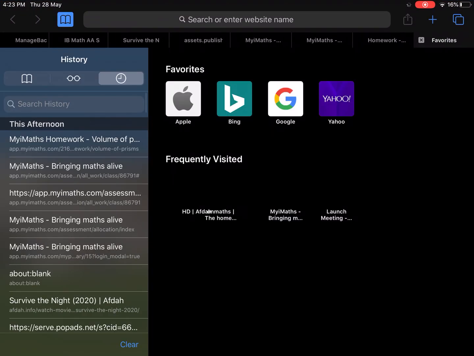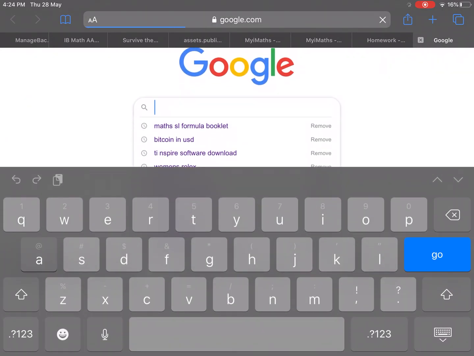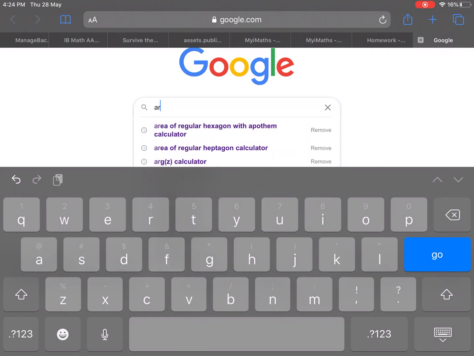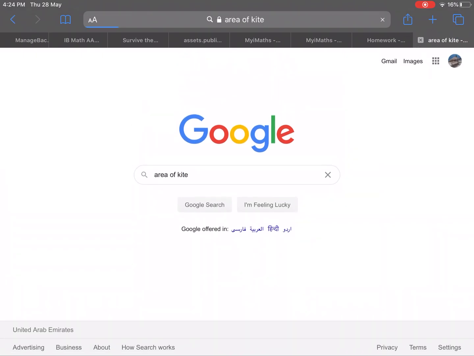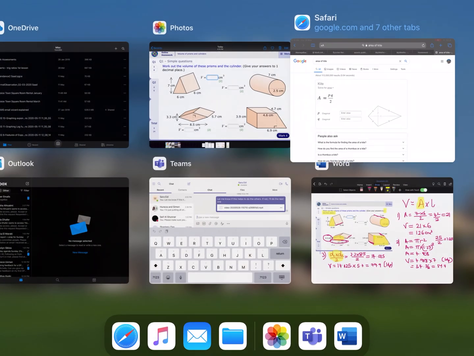So if you just went to Google and type in area of kite, which is one we've not covered, you'll see that Google will give it to you. So instead of them saying it's diagonal 1 and diagonal 2, they label it here as diagonal P, horizontal and vertical. So diagonal 1 times diagonal 2 divided by 2.